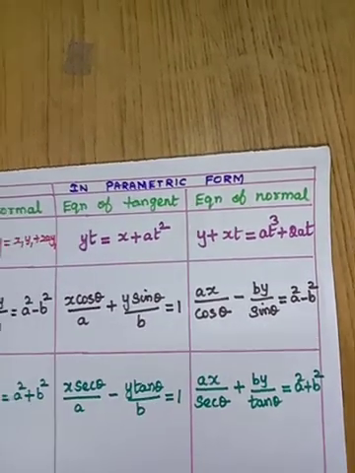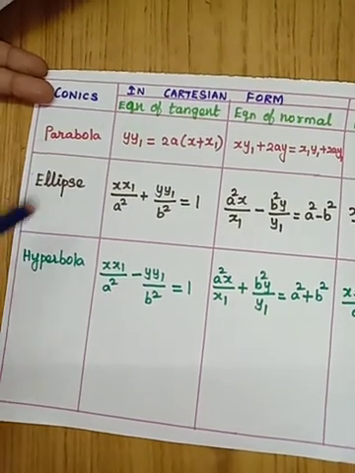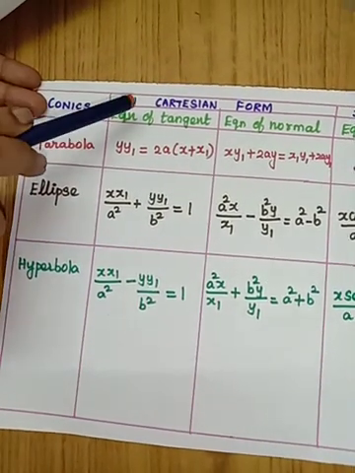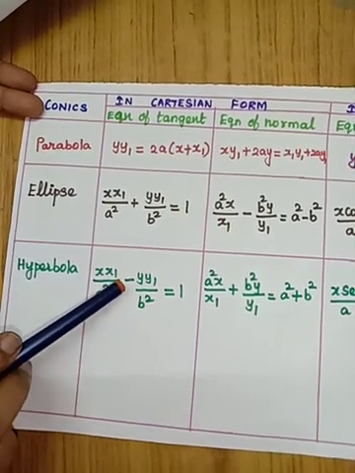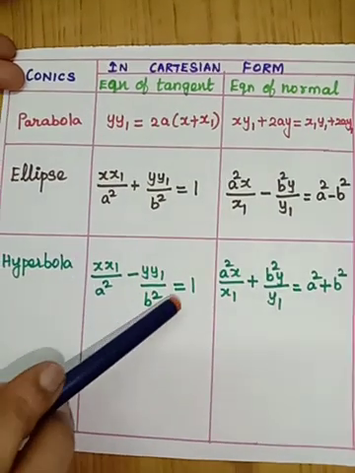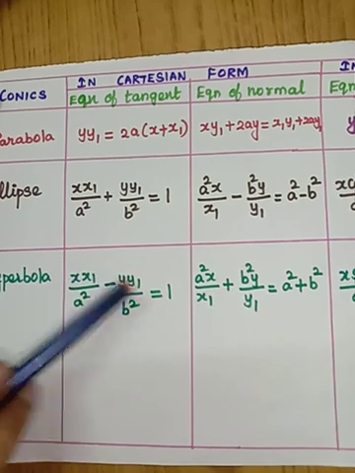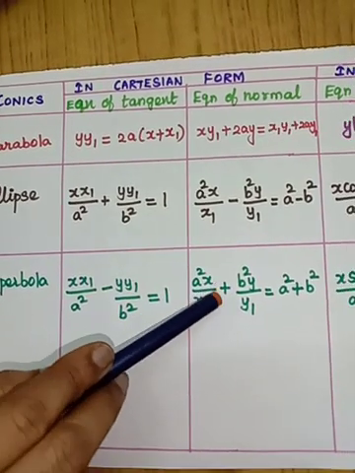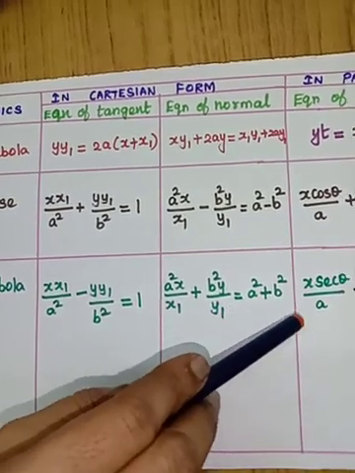So for hyperbola, the equation of tangent to the hyperbola in Cartesian form is xx1 by a squared minus yy1 by b squared is equal to 1. So the normal is a squared x by x1 plus b squared y by y1 is equal to a squared plus b squared.